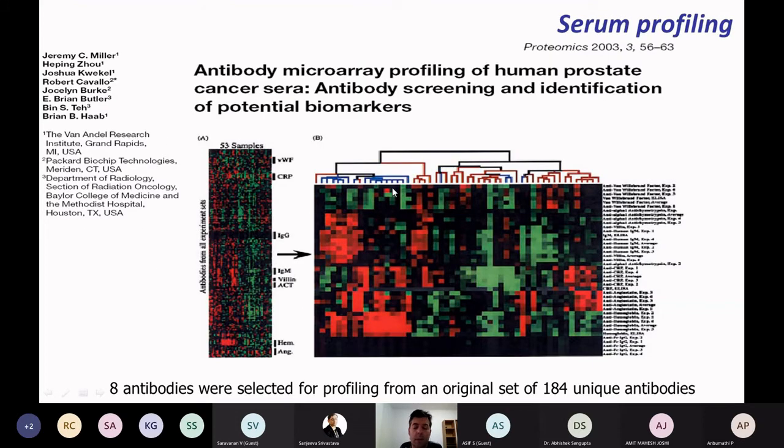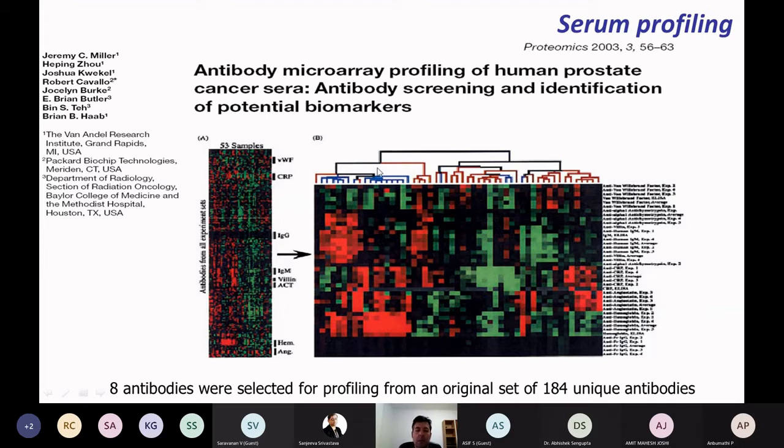This study was one of the first ones, and it was related to the comparison between the sera of human prostate cancer patients and controls. Using 184 unique antibodies printed in nitrocellulose microarrays, the authors were able to separate prostate cancers, in red, from controls pretty well.